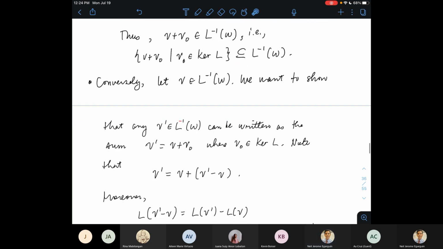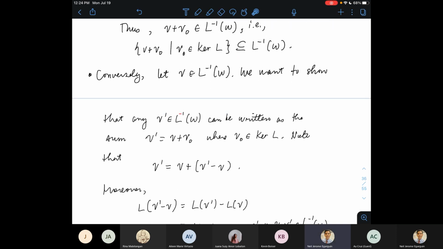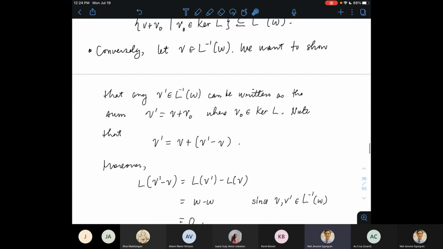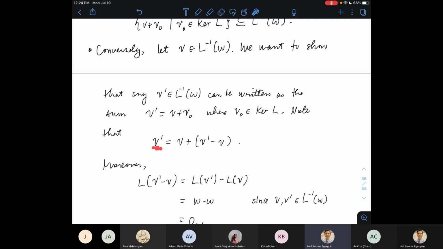Okay? Now note that V naught can be written as V plus V, or that's what we want to show. We want to show that V prime is V plus V naught. Pero note, this is a nice trick. V naught can be written as this sum. Okay?